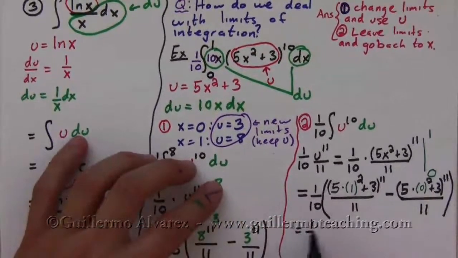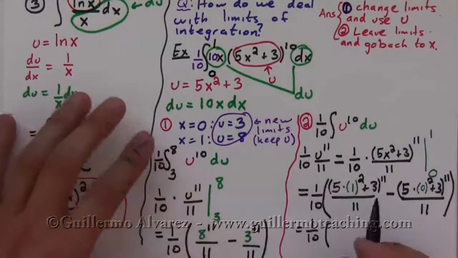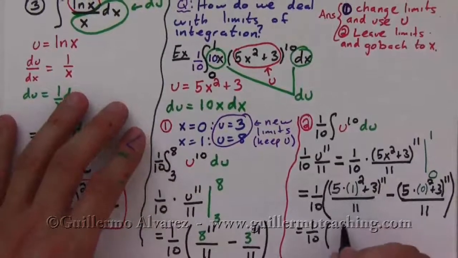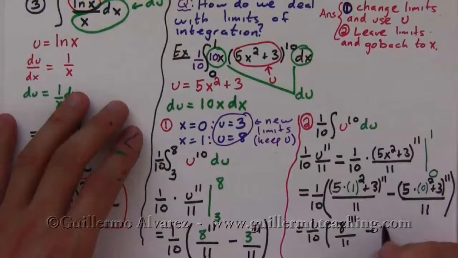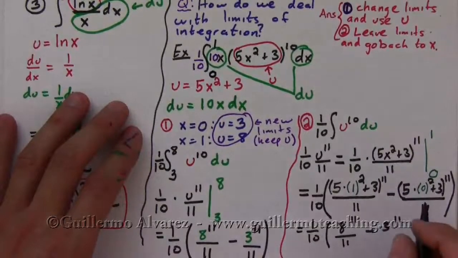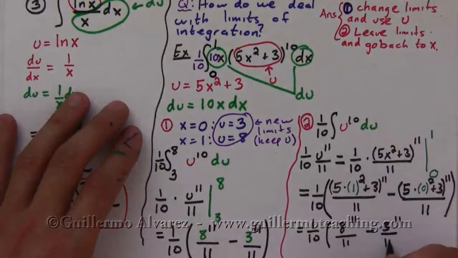And this is equal to 1/10 times 8 to the 11 over 11 minus 3 to the 11 over 11.